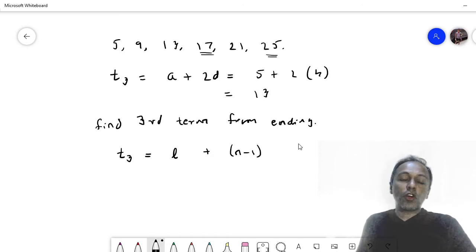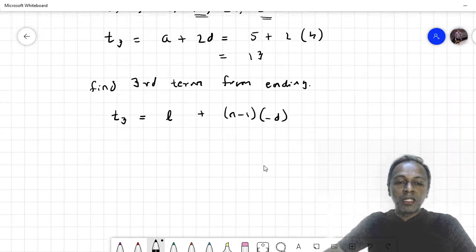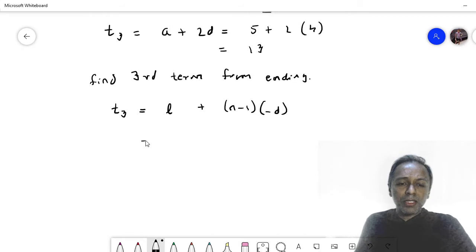Now because earlier your common difference was found by doing 9 minus 5, which was 4, now you will do 5 minus 9. That is, your order is changing. So your common difference will no longer be d, it will become minus d. So here your last term will be as it is, that is the first term. Let us write minus into plus as minus: minus (n minus 1) into d.